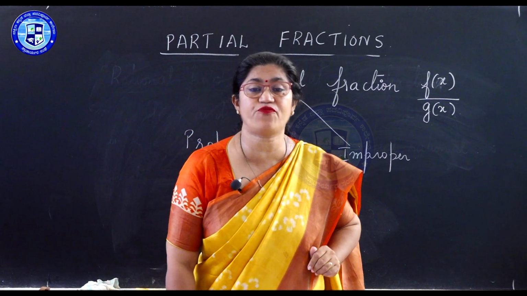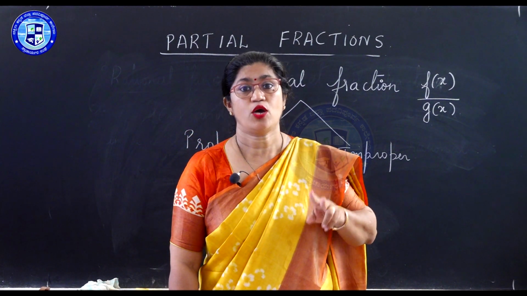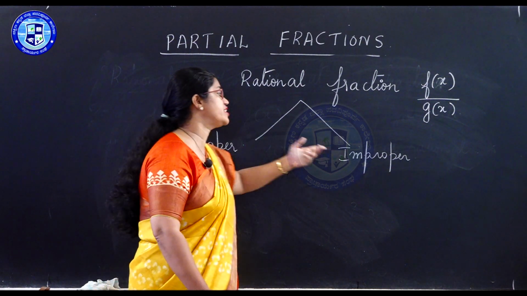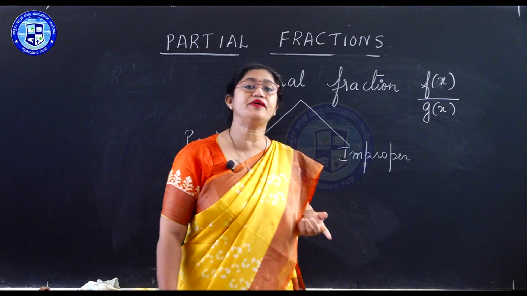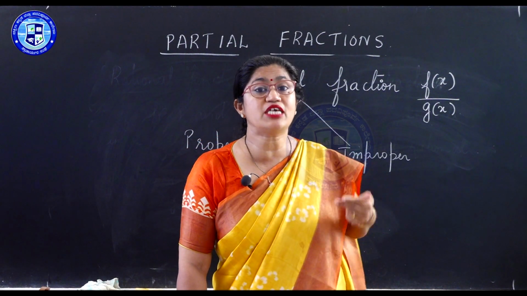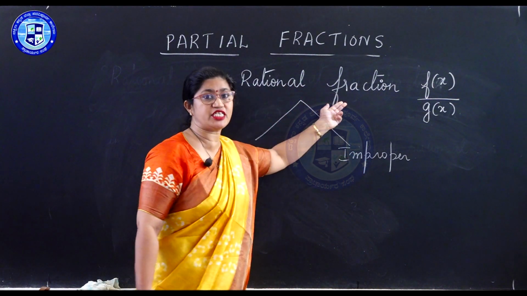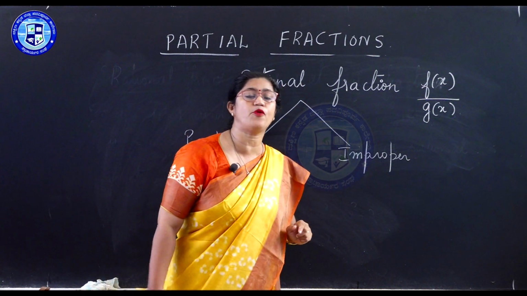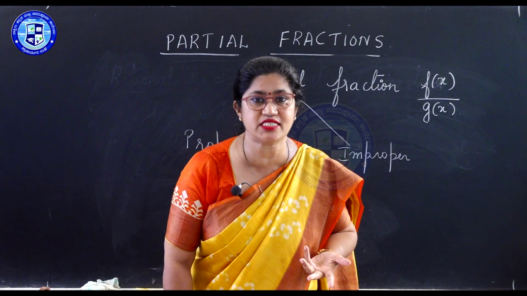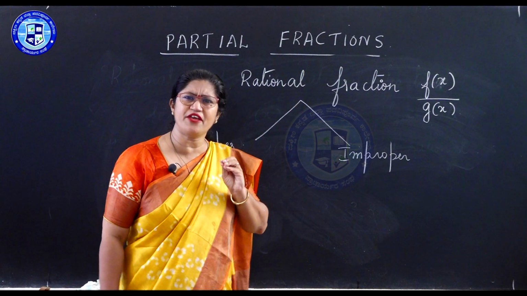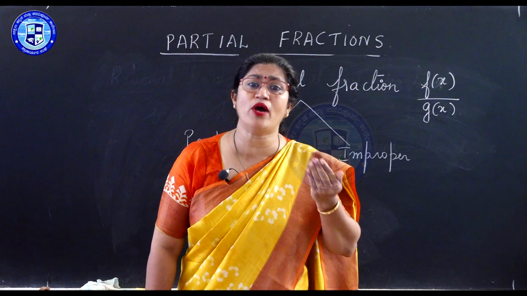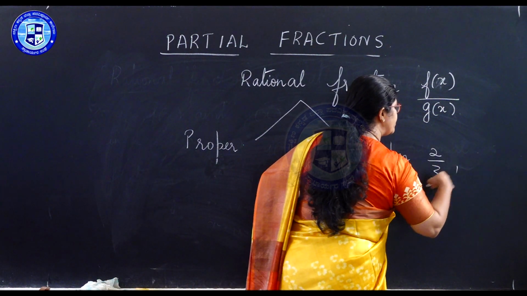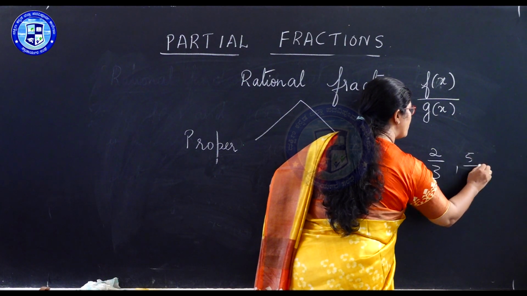We just learned what is a rational fraction. Now this rational fraction has two types: one is a proper rational fraction and the other one is an improper rational fraction. So what does this mean? You are already familiar with numbers, you have learned fractions, like 2 by 3 or let me say 5 by 3.